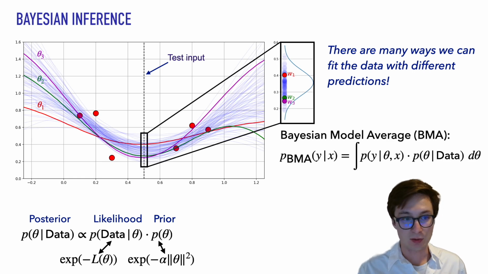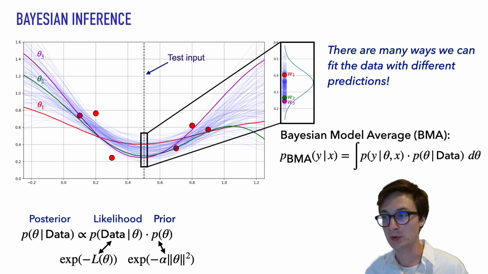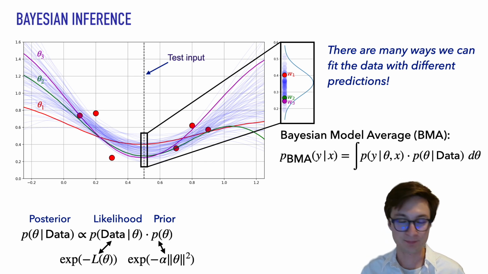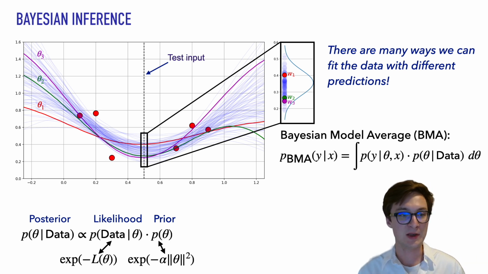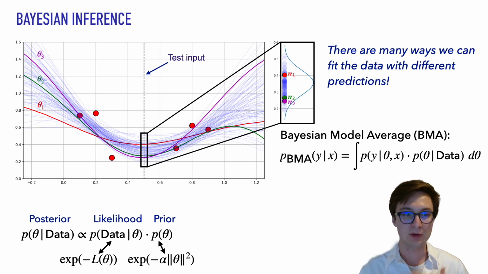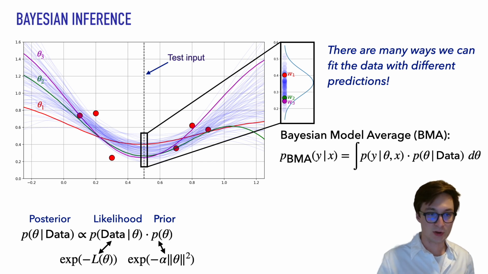And so now that we have the distribution, in order to make a prediction, we would use the so-called Bayesian model average. We take all of the predictions across the entire distribution and we average them to get our final Bayesian model average, the prediction on this test input. So in other words, we integrate over the distribution, we integrate the predictions.